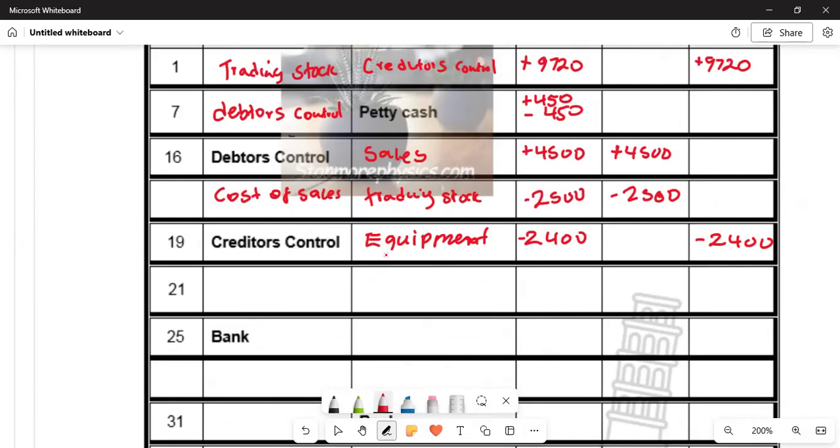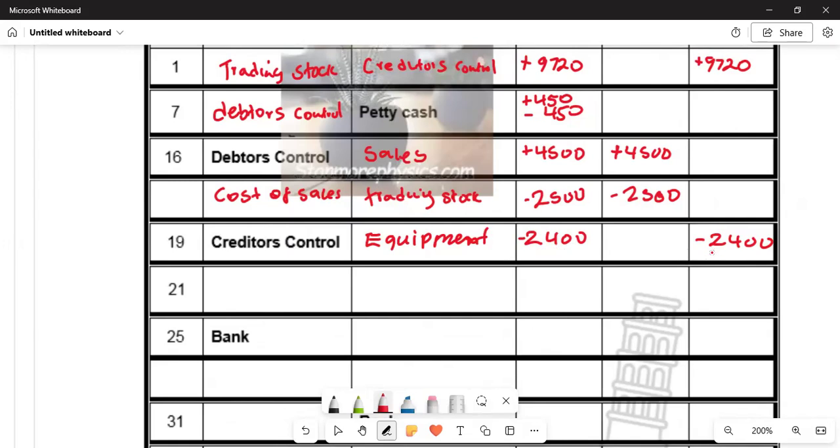You know very well that equipment is an asset, falling under non-current assets. So as we return it to our creditors, it means we are going to reduce our assets. That is why we have minus 2,400. Also, it's going to affect our liabilities, which are going to be reduced by 2,400.